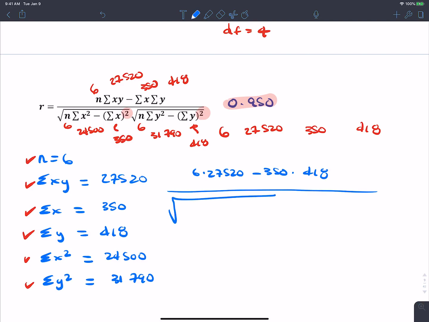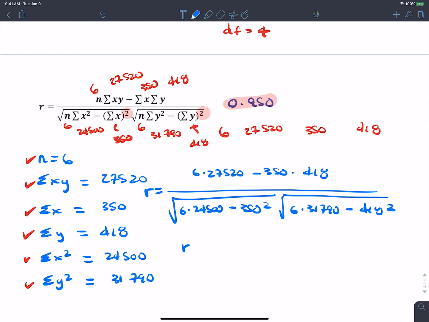This is all over 2 radicals, right? 6 times 24,500 minus 350 to the second power. Six times 31,790 minus 418 to the what? Second power. This is my linear correlation coefficient.